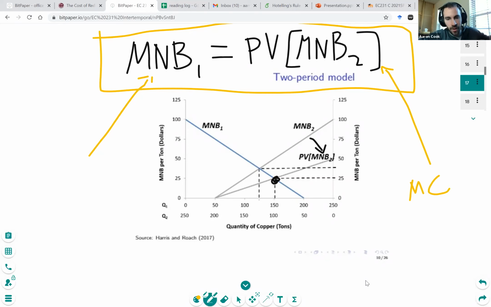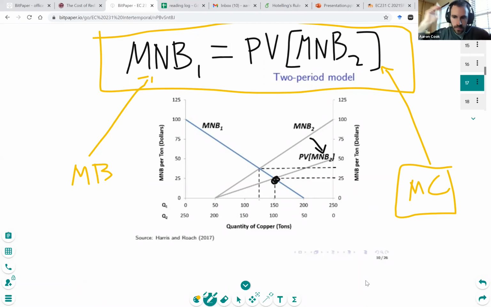Anything you consume now, you're implicitly taking away from what you have remaining in the future. So your marginal benefits are on the left, and you can almost think of these as your marginal costs. It's what you're giving up by choosing to consume something now. So this is just another way of framing the standard marginal benefit equals marginal cost rule.